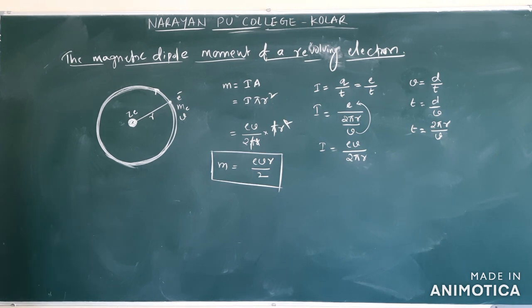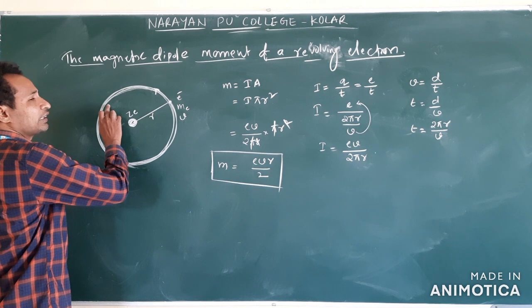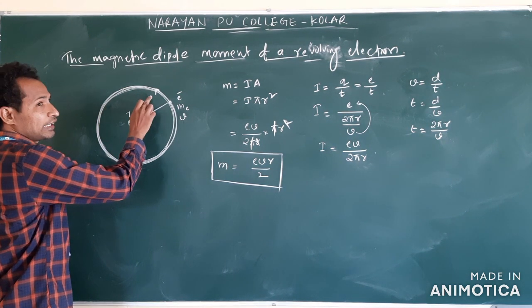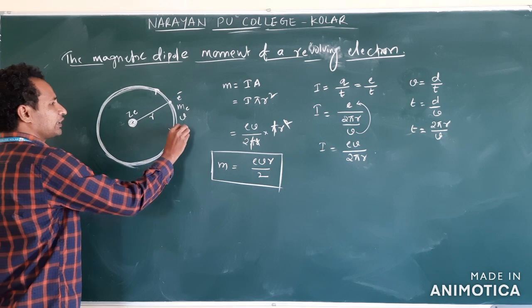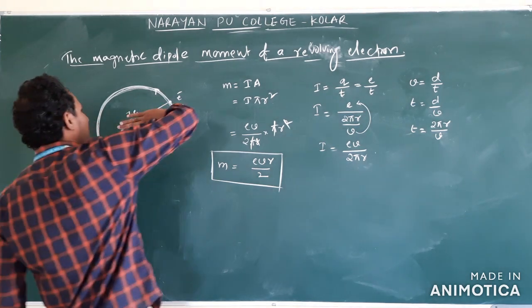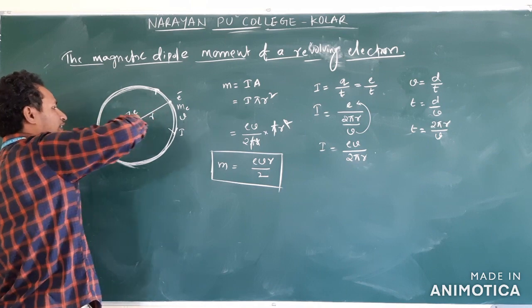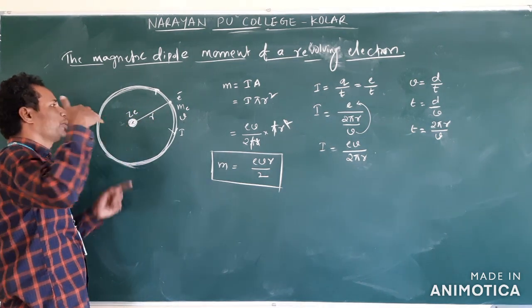How do we decide the direction? It depends on the current direction. The electron moves in this direction, so how will the current act? Opposite to the electron motion. So the current will go in this direction, and if the thumb curls along the fingers into the area, the magnetic moment acts backside. Understand? This is the magnetic moment.